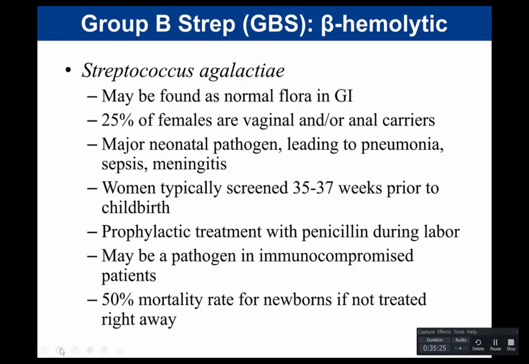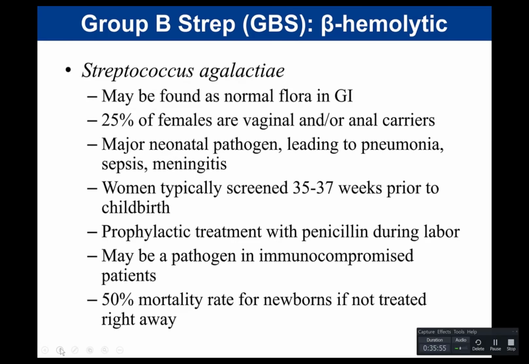Because again, the group that's at risk for problems with Strep agalactiae would be neonates, newborns. If the woman carries Strep agalactiae, or group B strep, in the vagina as part of her normal flora and the baby comes out during vaginal delivery, if the baby ingests this, it can lead to pneumonia, sepsis, and meningitis.